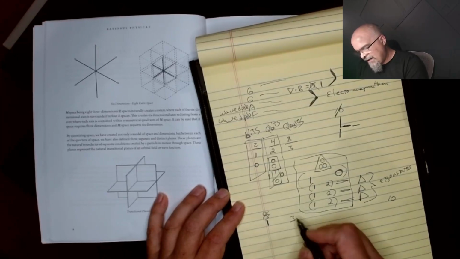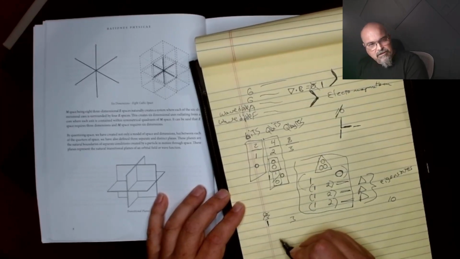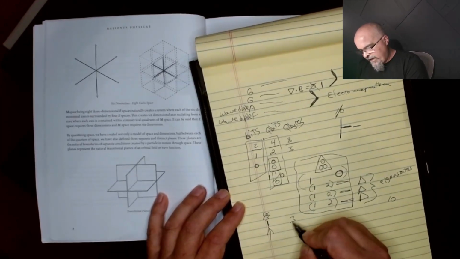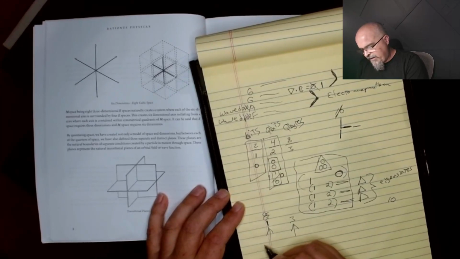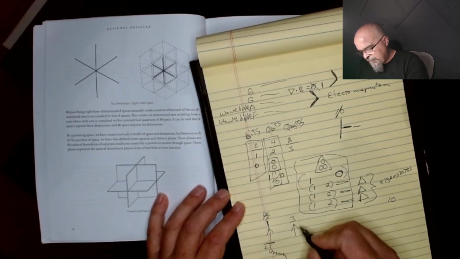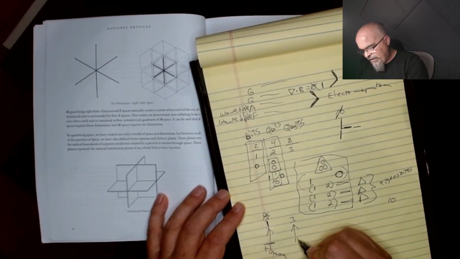So 1, 0, 3, 0 thirds is our understanding. 3, so this is the interface for humans. This is the human interface. 3 is the hardware, right?